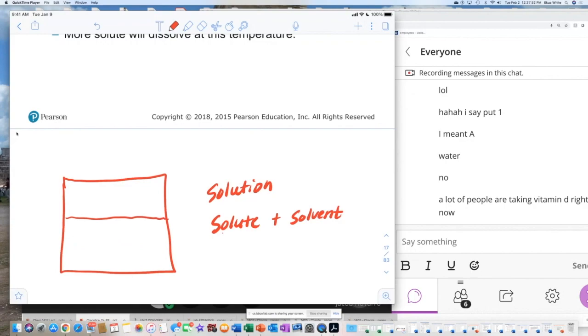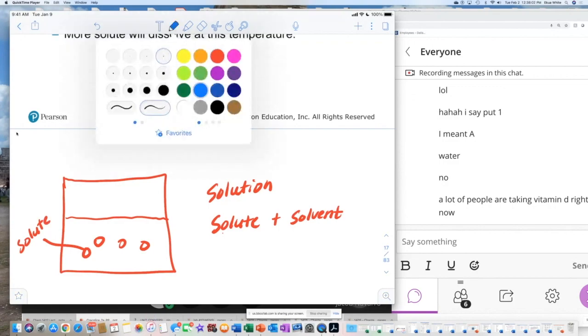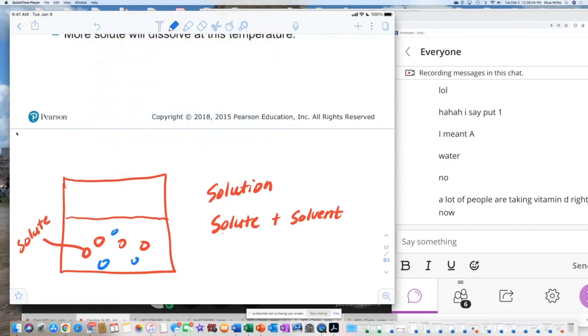I'm going to draw the solute molecules in red. These would be my solute. And then my solvent molecules in blue. If they're interacting well to form a solution, then we have dynamic equilibrium.